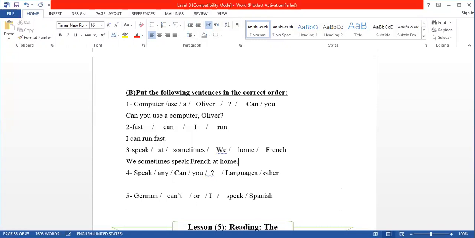Or we can say sometimes can begin a sentence. We can say sometimes we speak French at home. It is correct. If you said we sometimes speak French at home, or sometimes we speak French at home, it is correct, because sometimes can begin a sentence.